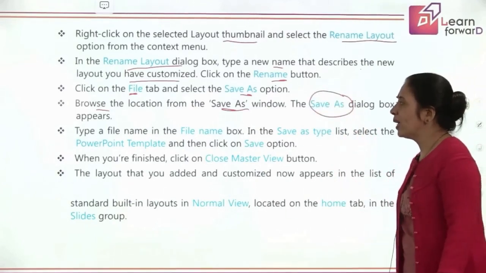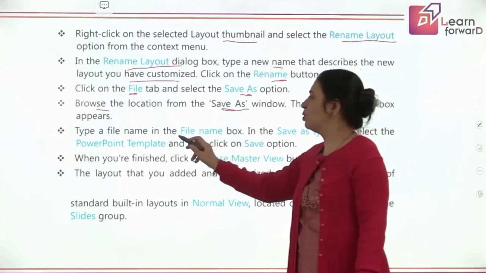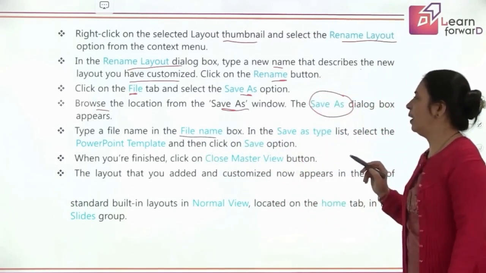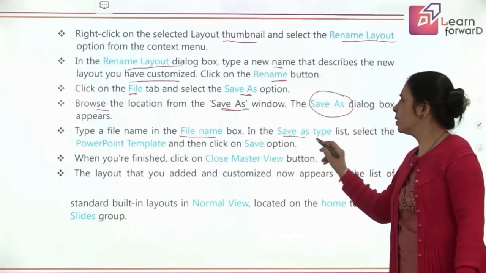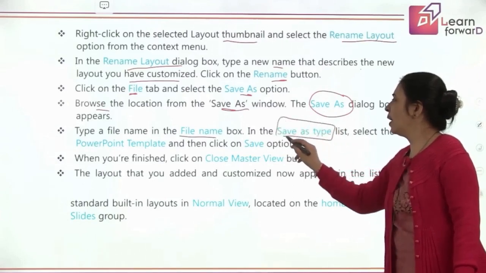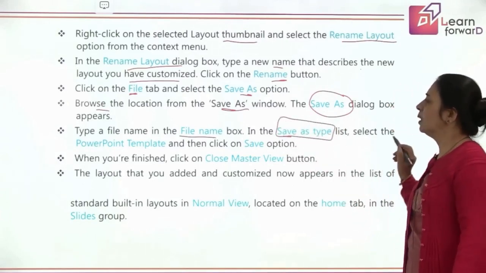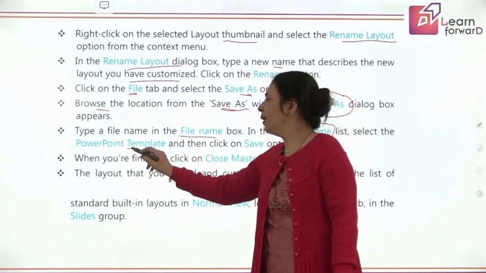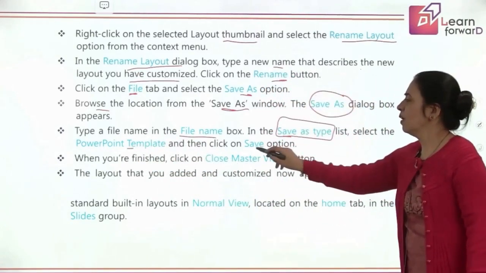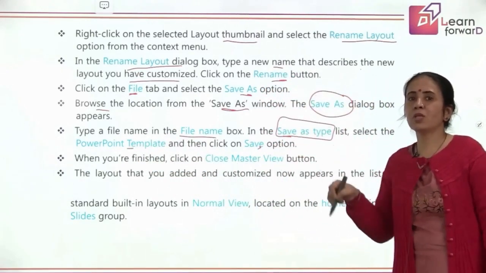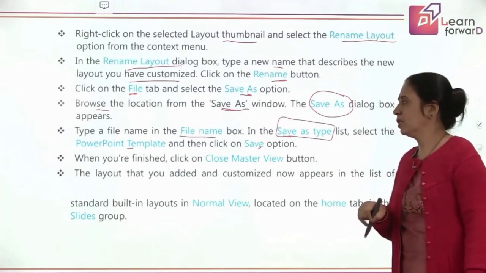Once you get the save as dialog box, you have to just type the file name, and there is a save as type list, where you choose PowerPoint template, and then click on the save option. So this makes your PowerPoint template, right?